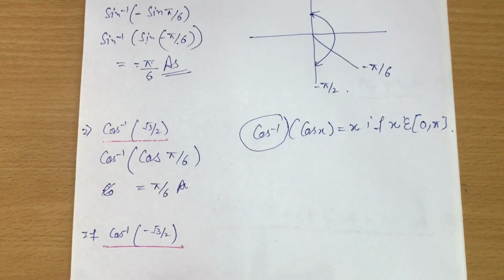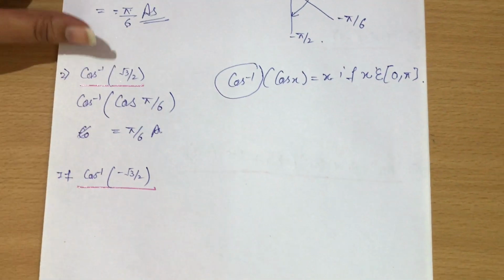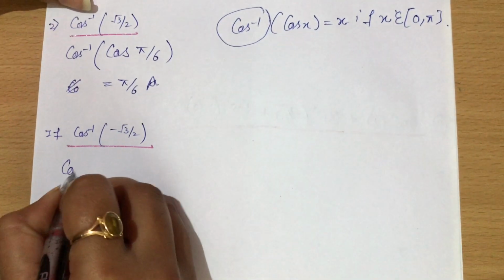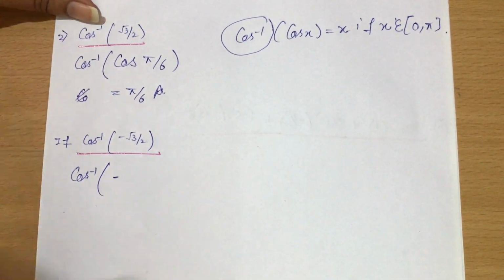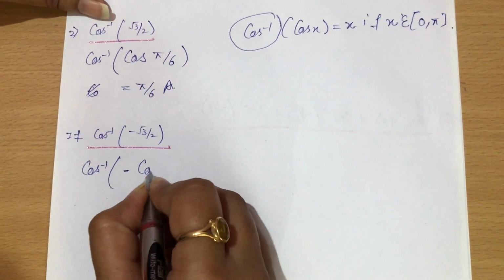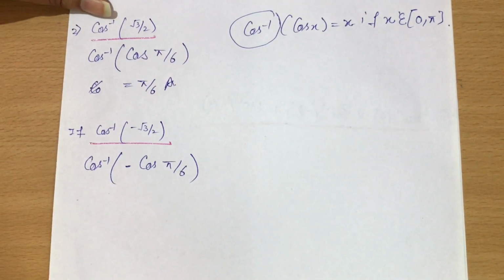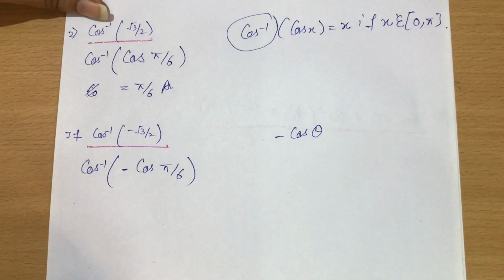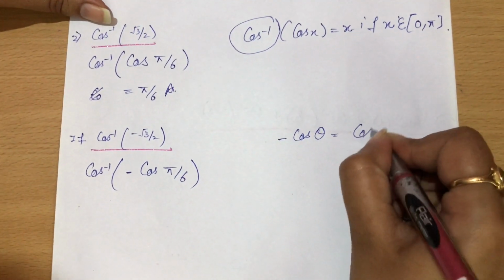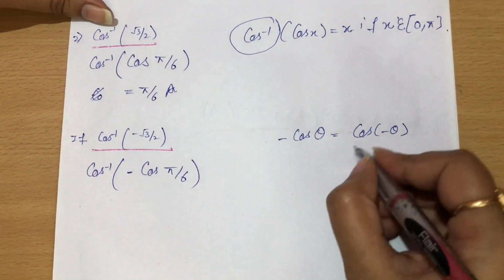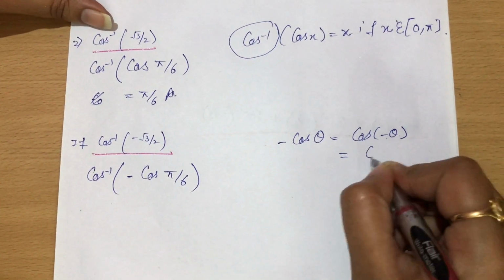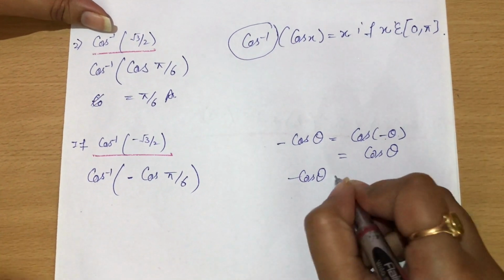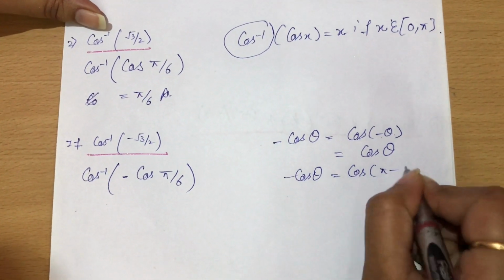Students, if the question is like cos inverse of minus root 3 upon 2, then again root 3 by 2 is cos pi by 6, and this has a minus sign. You can't write this as cos of minus theta, because cos of minus theta gives you cos of theta. So whenever you find minus cos of theta, always write cos of pi minus theta.